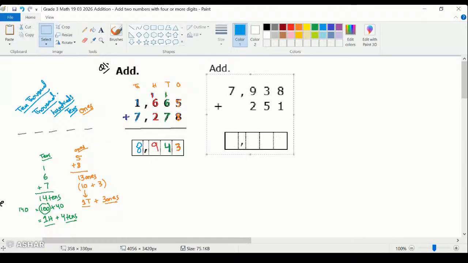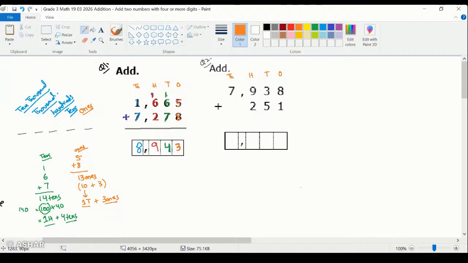We need to add these numbers. Question number 2, we have the ones, the tens, the hundreds, and the thousands, right?